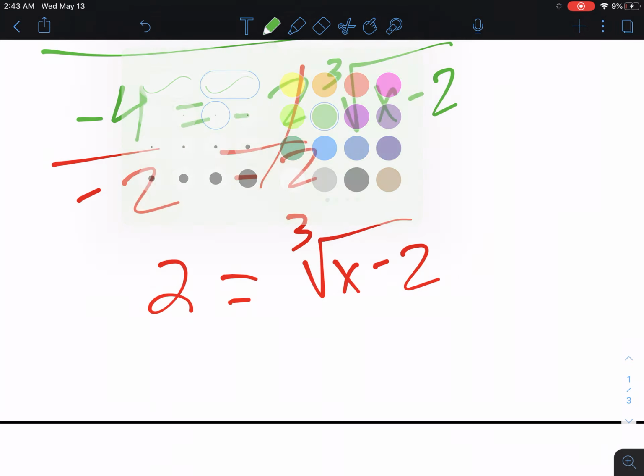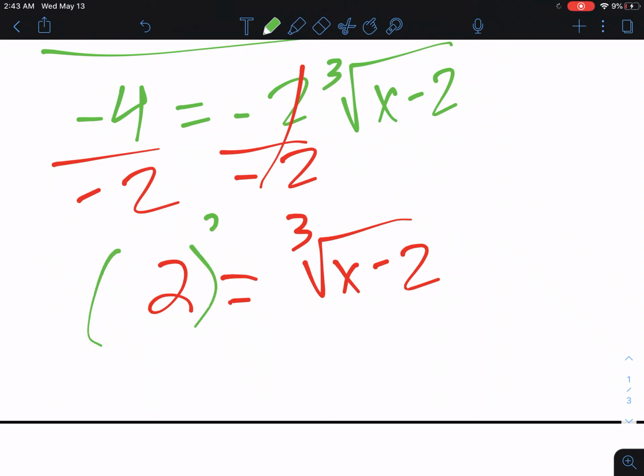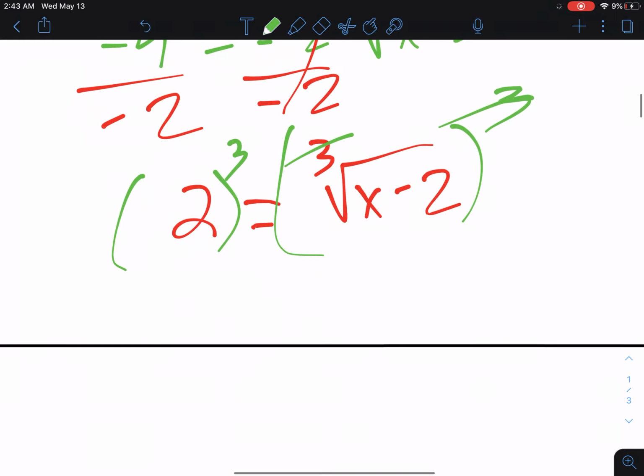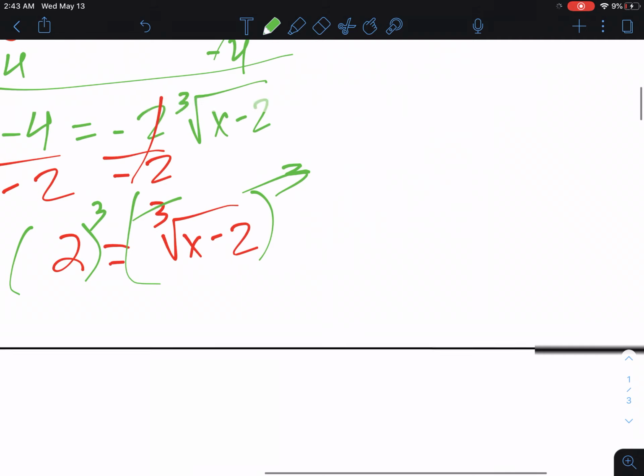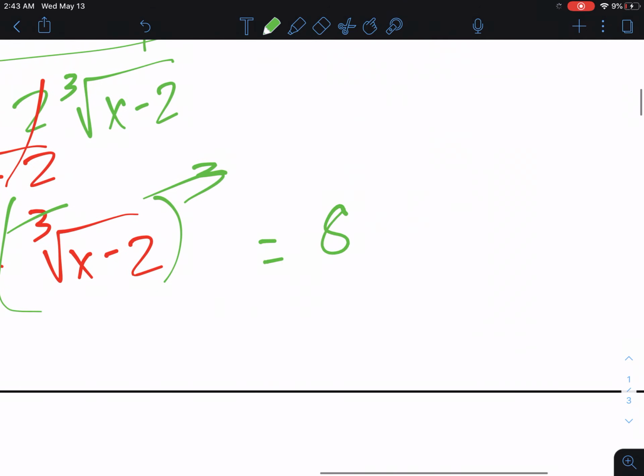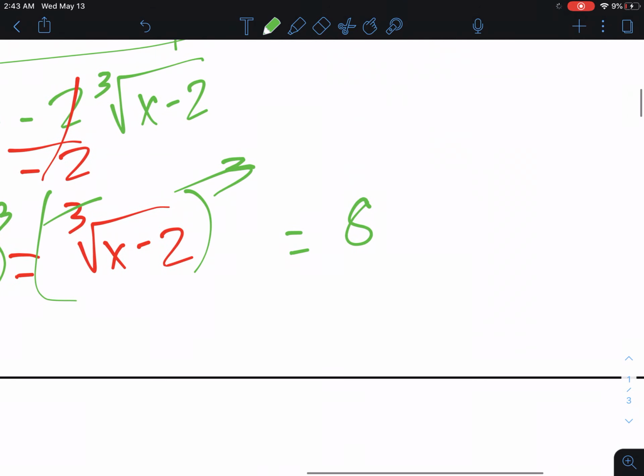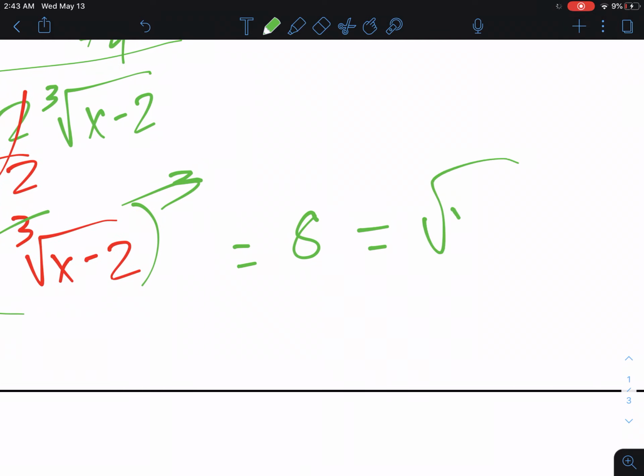Now we would apply the power of 3 to both sides. So this would cancel. Well, I'll write it on the other side. This cancels out the 3 and the root. So it would be 8 equals x minus 2.